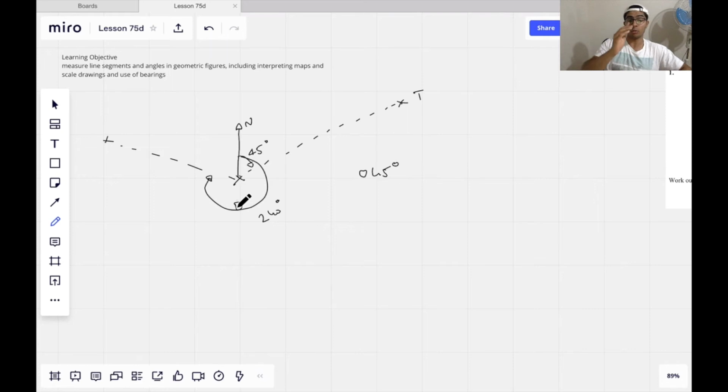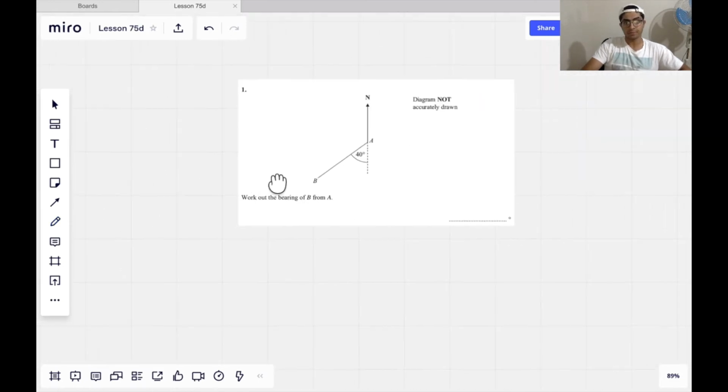So you look at where true north is, and then go clockwise to the angle you need to walk along. And make sure you give it in three figures. And that's all there is to bearings. Two things to remember: give it from north clockwise, and make sure there's three figures involved. We'll do some worked examples now.